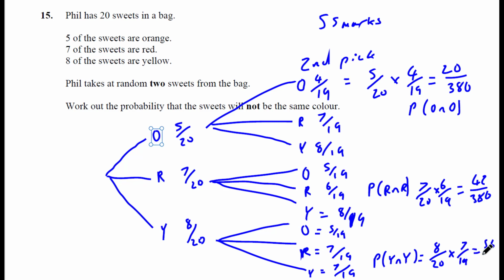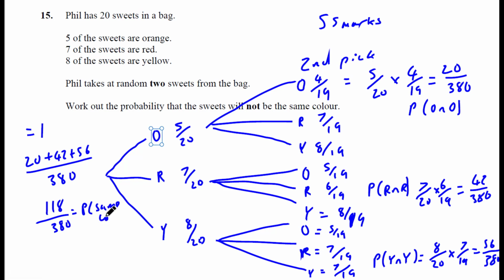Now all probabilities equal 1, so we add all those up. We're going to get 20 add 42 add 56 divided by 380. That is 98 plus 20, so that's 118 over 380 of the same colour.